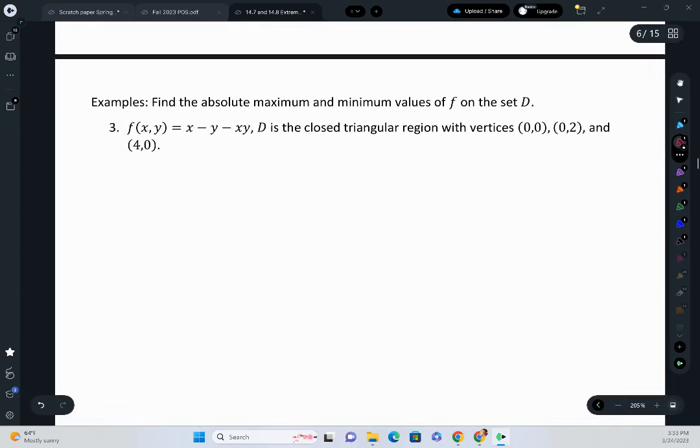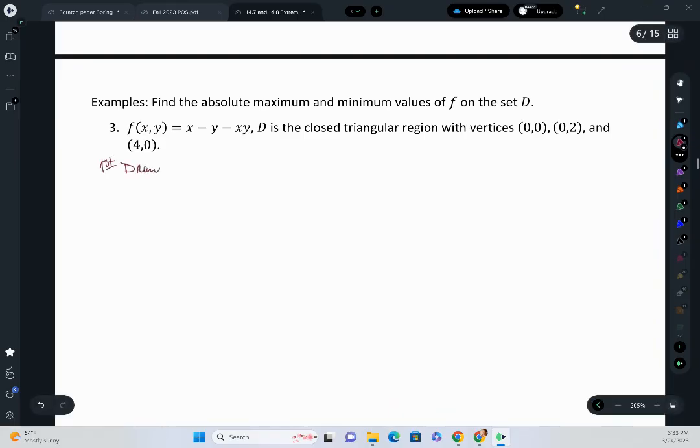So let's start with an example. Here we are asked to find the absolute maximum and minimum values of f on the set D. We are told that f of x, y is equal to x minus y minus xy, and D, our domain, is a closed triangular region with vertices (0, 0), (0, 2), and (4, 0). First things first, draw the domain.